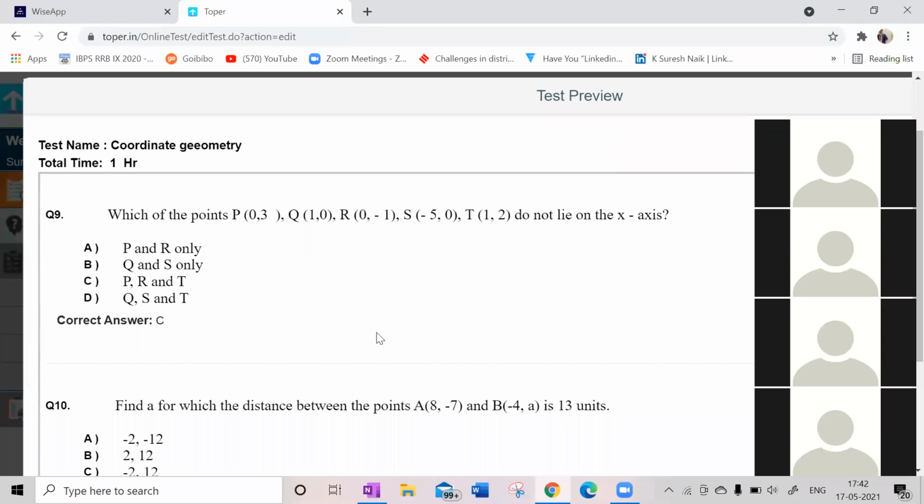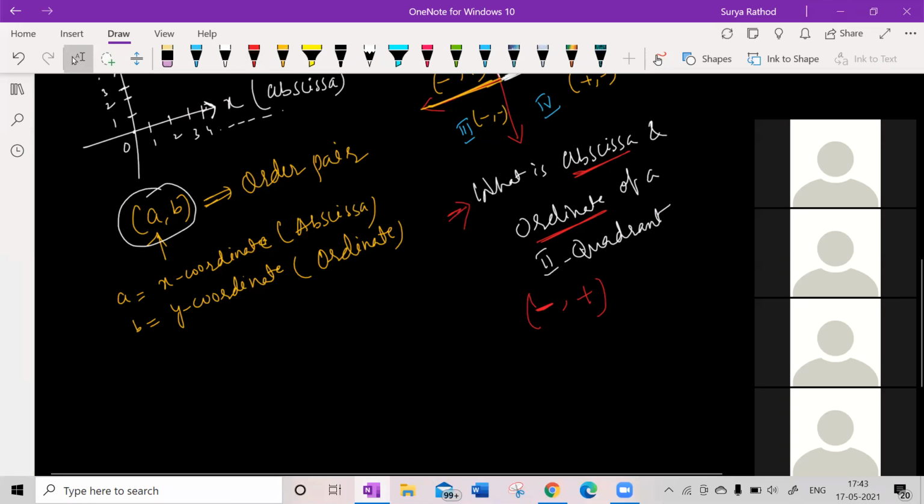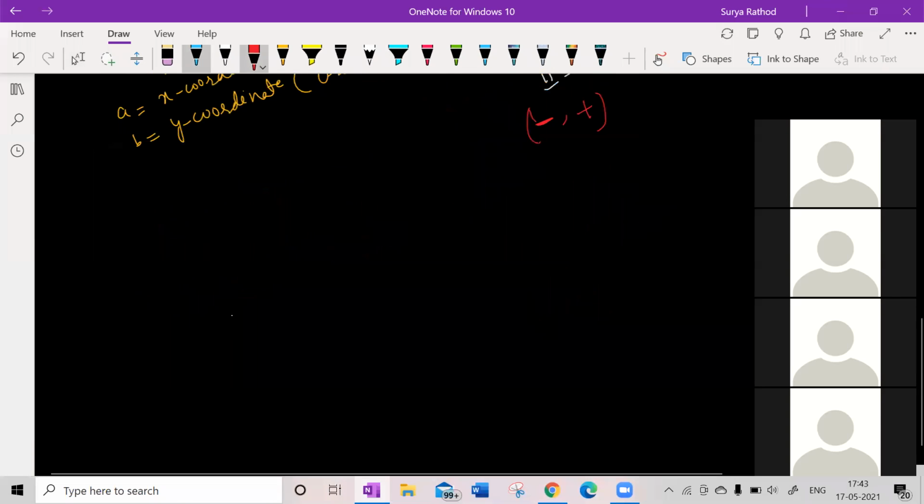Which of the points P(0, 3), Q(1, 0), R(0, -1), S(-5, 0), T(1, 2) do not lie on the x-axis? Let me write one by one. Which question is this? Ninth question, right?